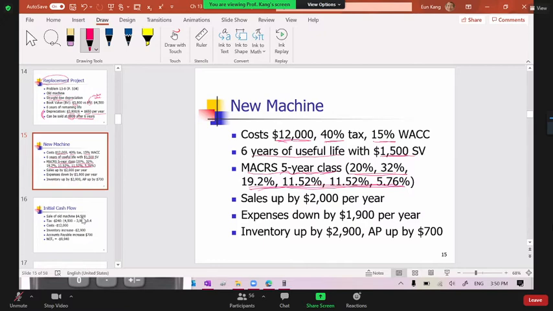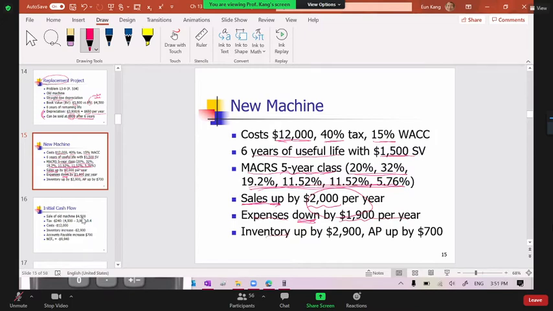Additional information is because of the new efficient machine, sales will go up by 2,000 per year. Expenses are down by, both of them are cash inflow. Expense savings, I told you savings is positive cash flow. So total 3,900 per year cash inflows.